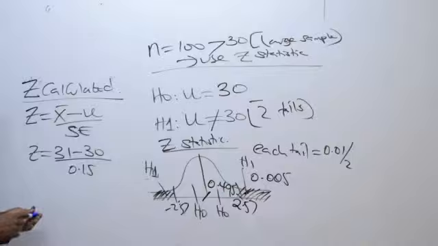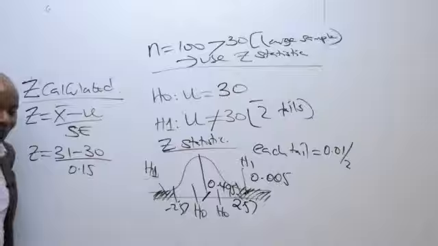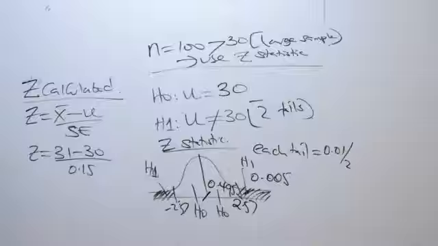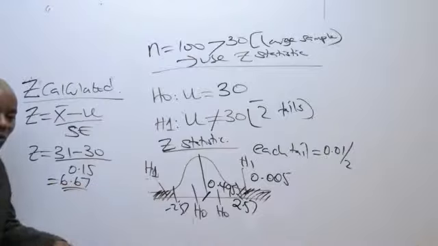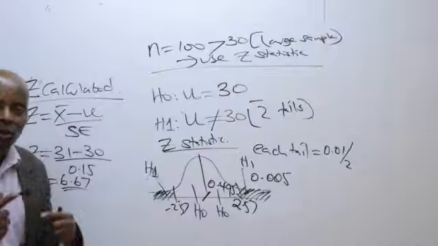So could you kindly give me this answer? Lokai, Denise, Denzel, they're giving me 6.67.